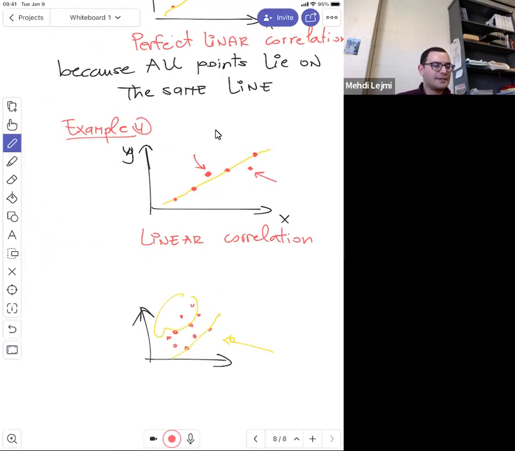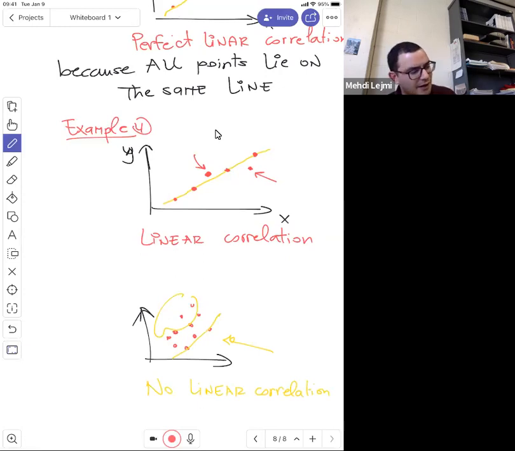That's what I call, in this case, no linear correlation. You see the difference, guys, between linear correlation and no linear correlation?